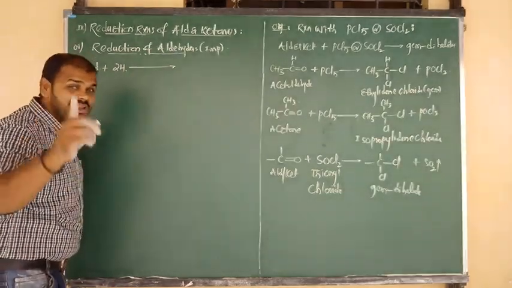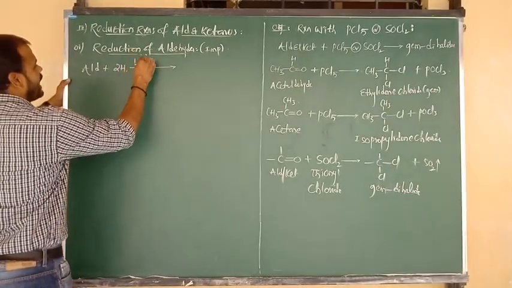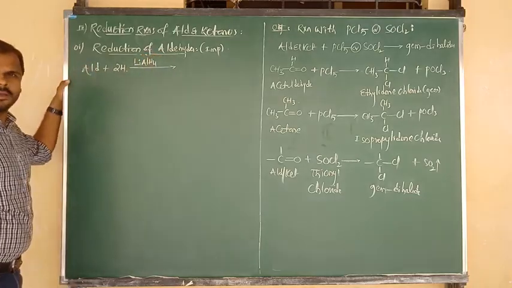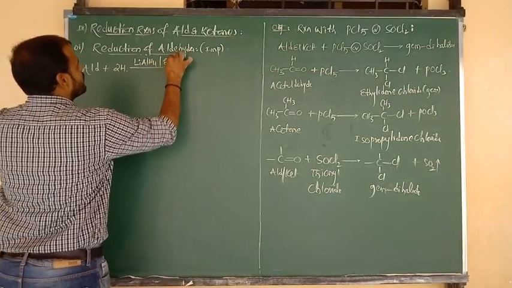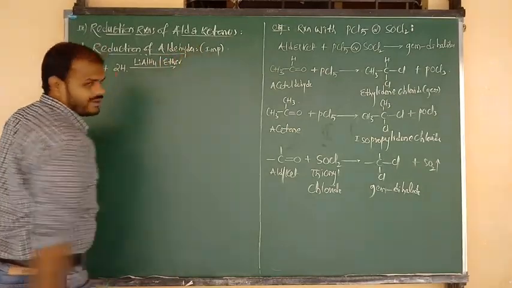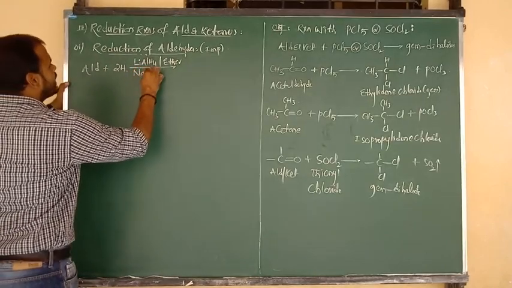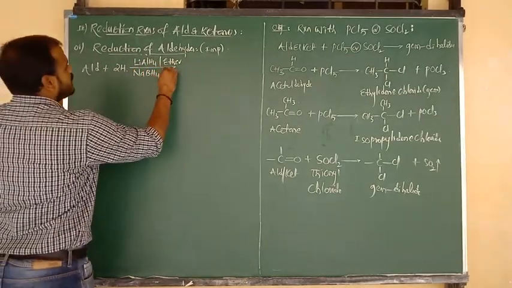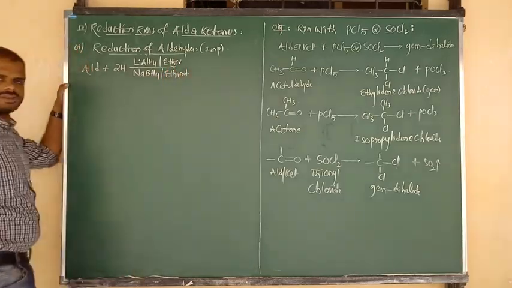So what is the commonly used reducing agent? That is LiAlH4, lithium aluminium hydride, in the presence of a supporting solvent, ether. Otherwise we can take sodium borohydride, NaBH4, in the presence of ethanol, C2H5OH, as supporting solvent.